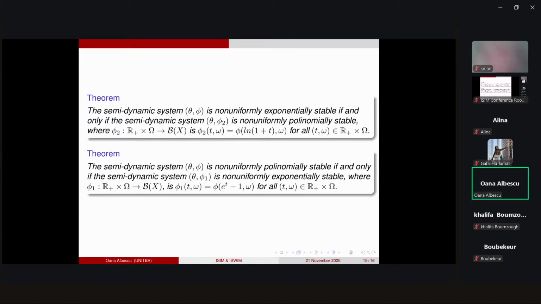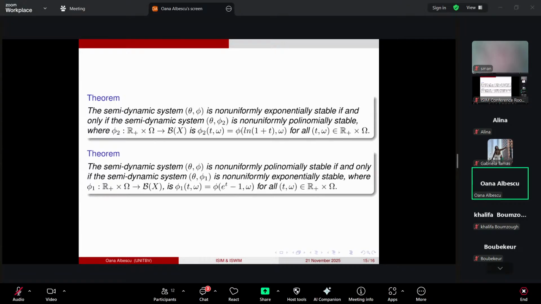The second theorem shows the reverse. A system is non-uniformly polynomially stable if and only if a related system defined by taking the exponential of time is non-uniformly exponentially stable. In conclusion, there is a strong connection between non-uniform exponential and polynomial stability.